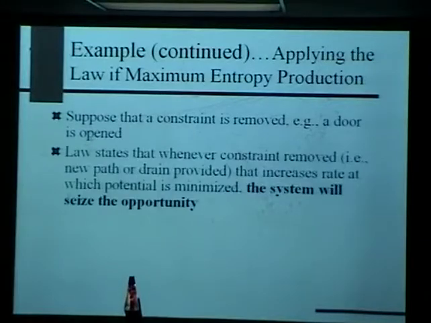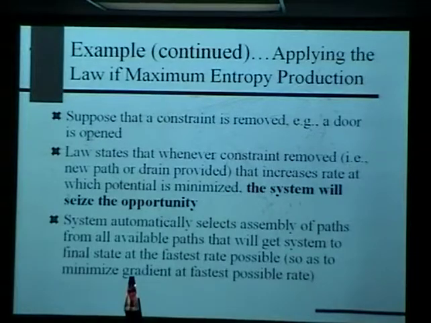It automatically knows to do this. Why? Because it's going to be able to minimize the gradient as efficiently and as fast as possible. So the system automatically selects the paths, out of all available paths, that will get the system to its final state, that will get rid of that temperature gradient as fast as possible.